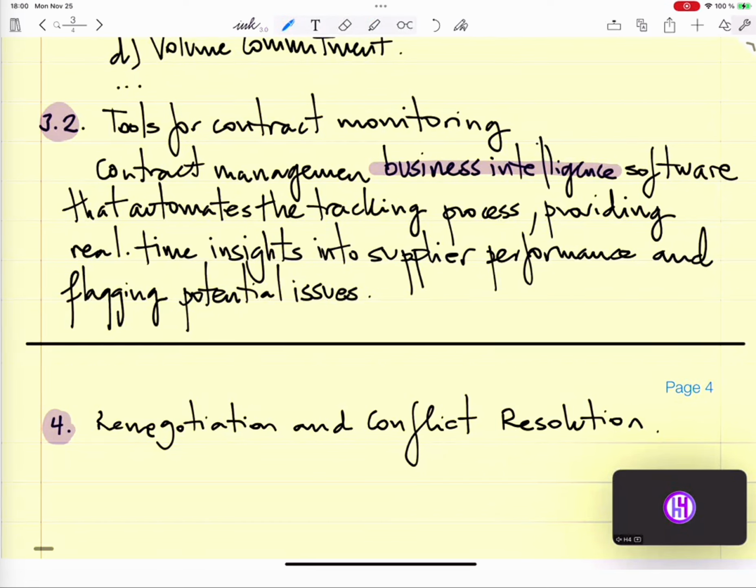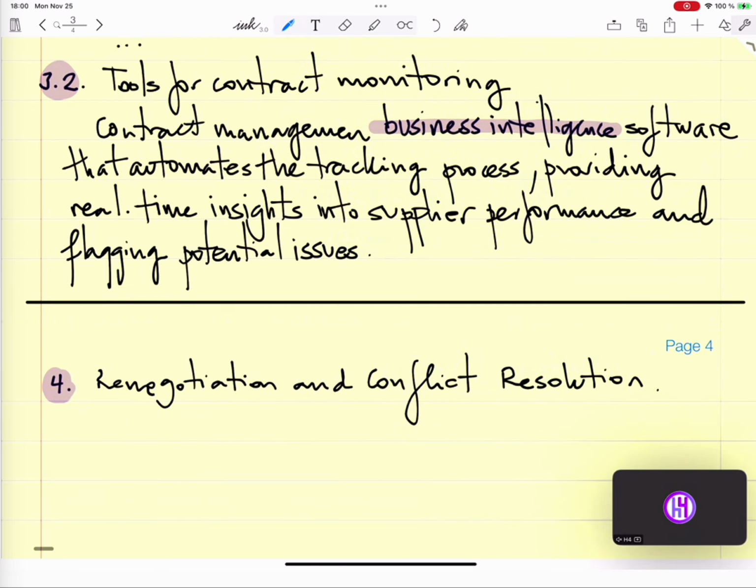Relationships are dynamic. Relationships change, circumstances change, and sometimes you need to renegotiate. Nobody wants a supplier that loses money forever, because then the supplier dies and you don't have a relationship. So when to renegotiate, it's an important thing to know.